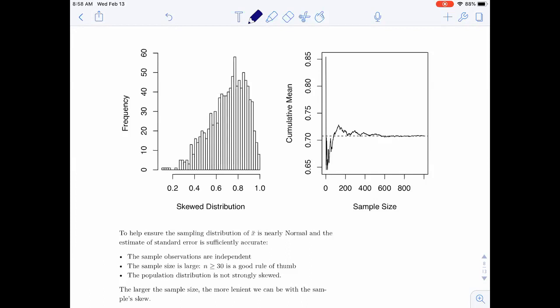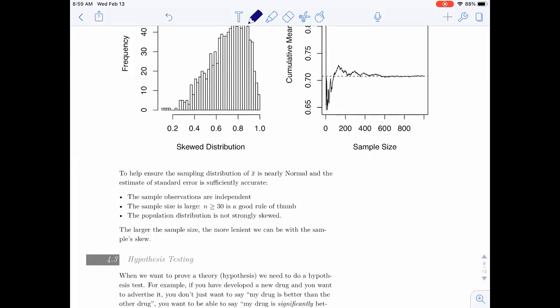So even drawing from a skewed distribution, the distribution of the mean will start to stabilize around the population mean, even at sample sizes of 200, and definitely at 600. So the minimum sample size of 30-ish doesn't really apply, because we're drawing from a very skewed distribution. Questions about that? It's just to show the central limit theorem at work.